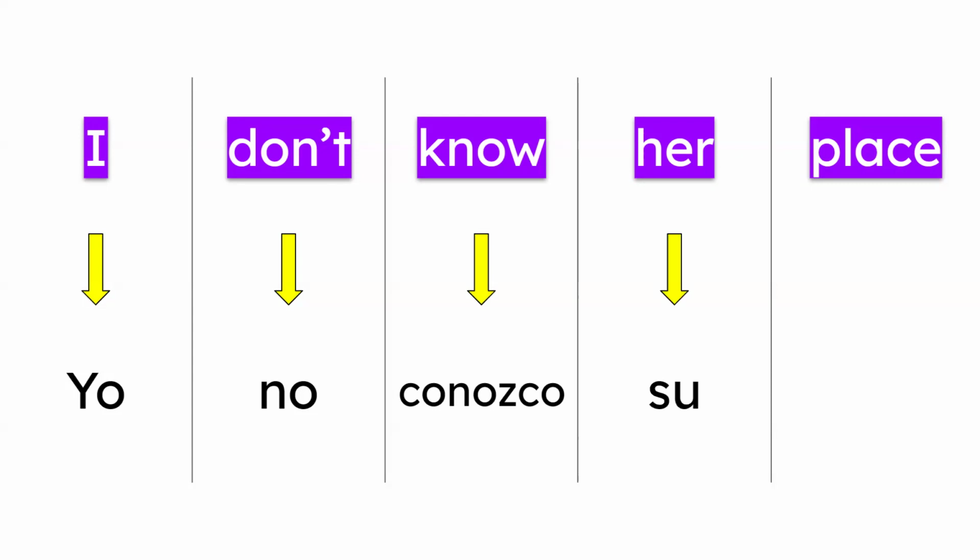Any place, like public places, lugares públicos. But in this case, when place refers to someone's home, in Spanish, we just use casa. Yo no conozco su casa. Okay, repeat after me. Yo no conozco su casa.